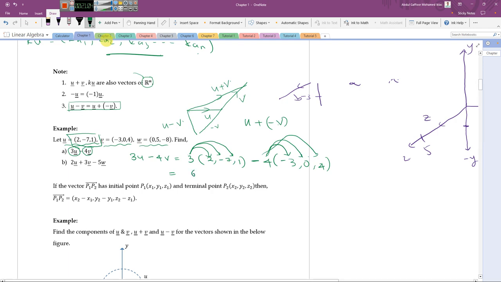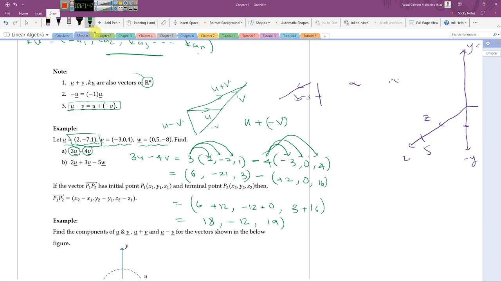So 3 into 2 is 6, minus 21, 3, minus minus 12, 0, 16. Now we have to subtract the corresponding elements. So 6 minus minus 12, 6 plus 12, minus 21 plus 0, 3 minus 16. Now this will be equal to 18, minus 21, 19.